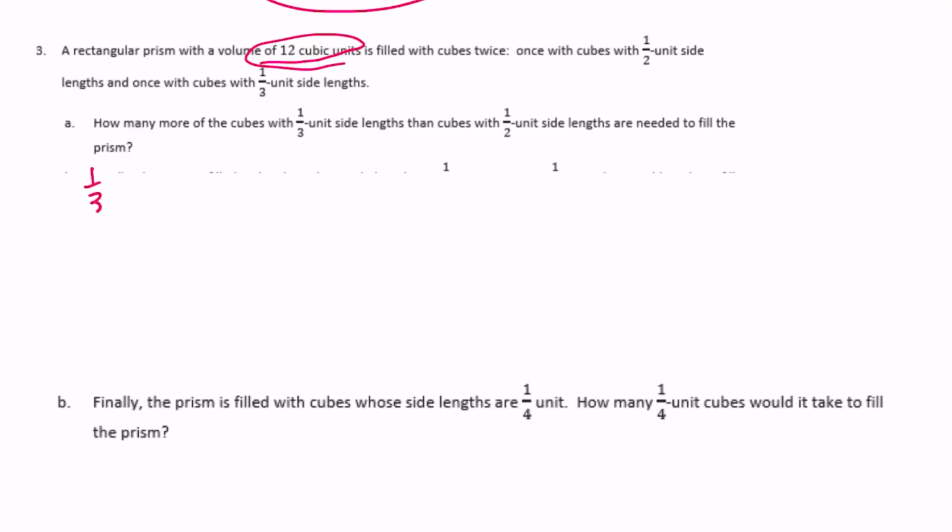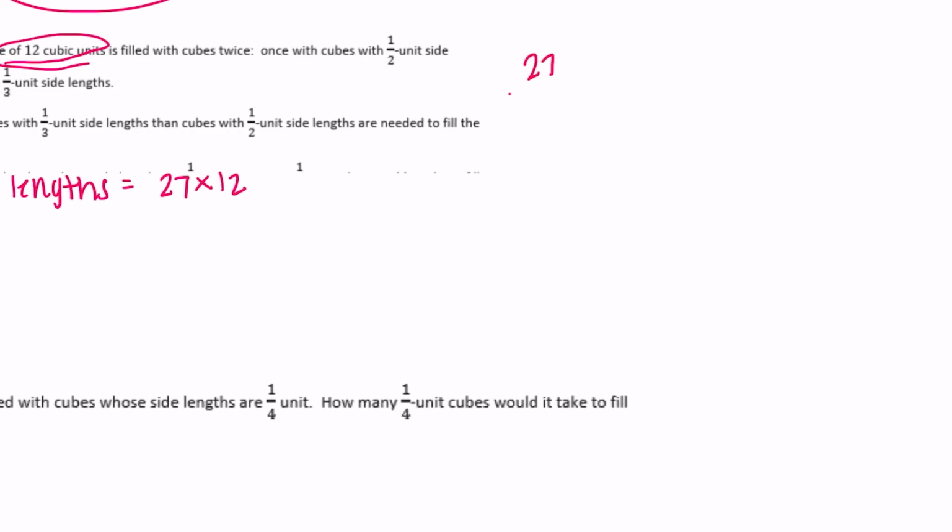So 1/3 unit side lengths will be equal to 27 times 12. So let's do 27 times 12. That would be 324 cubes.